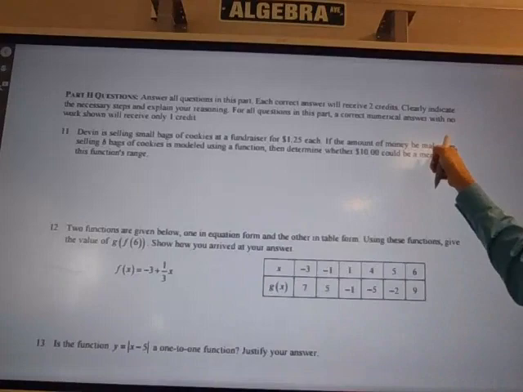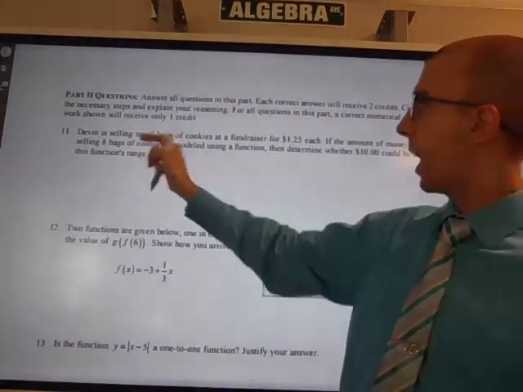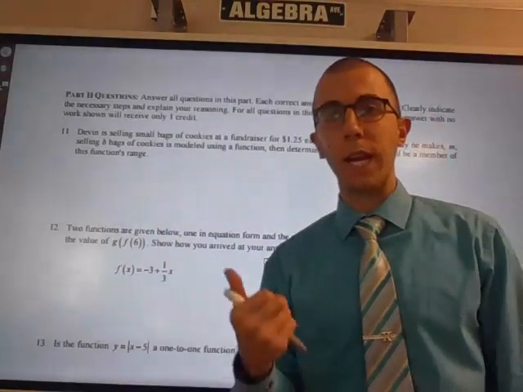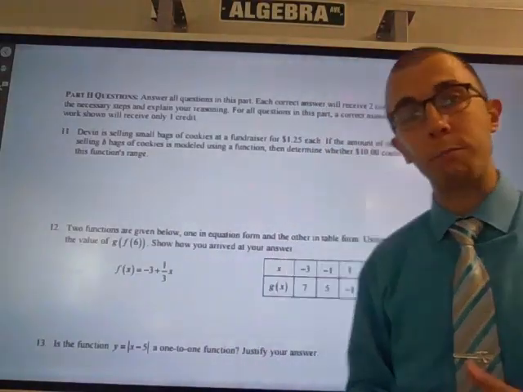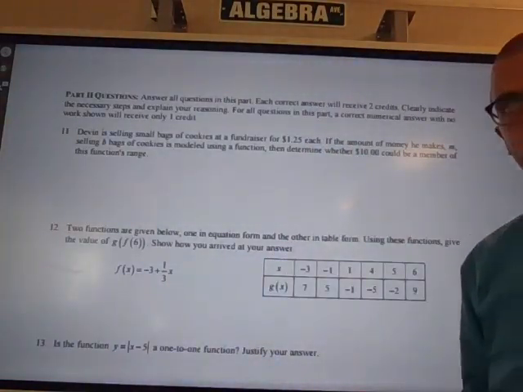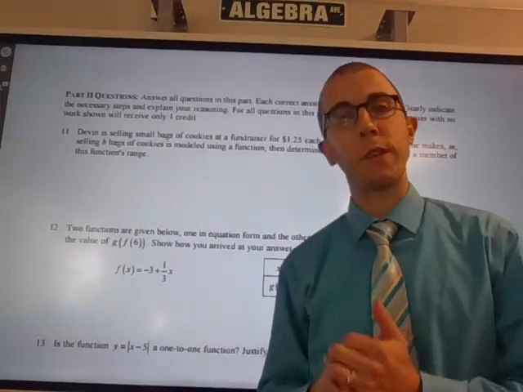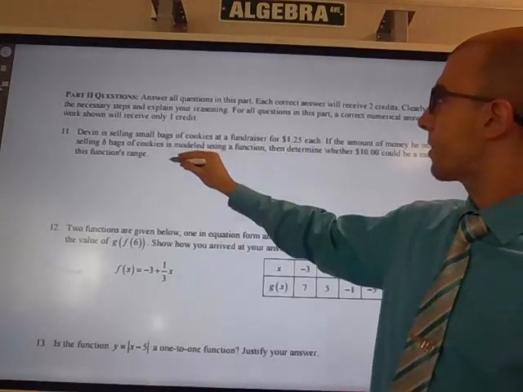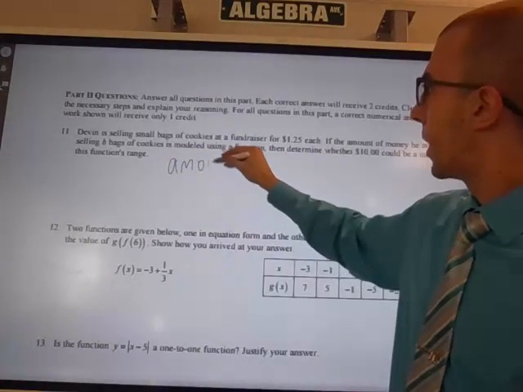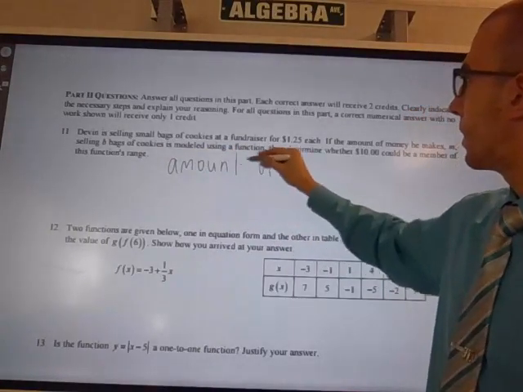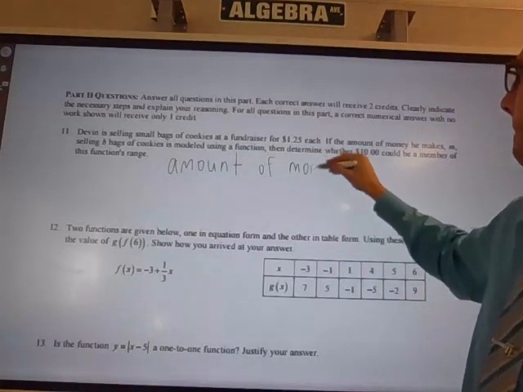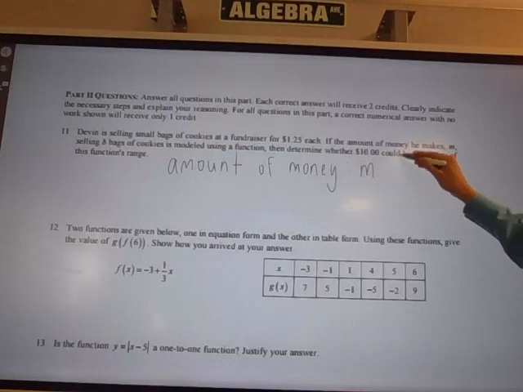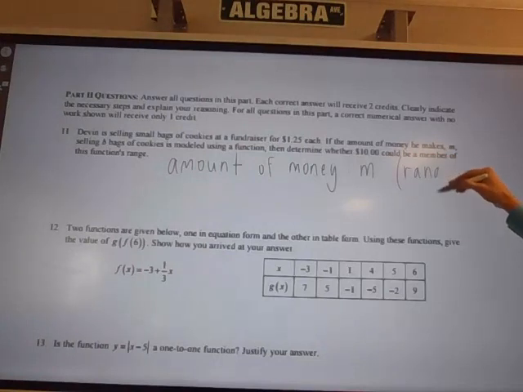Well, think, does the amount of money he makes depend on the bags of cookies that he sells? Or do the bags of cookies that he sells depend on the amount of money he makes? Think about that for a second. Okay, it's the amount of money he makes, M, that's our range.